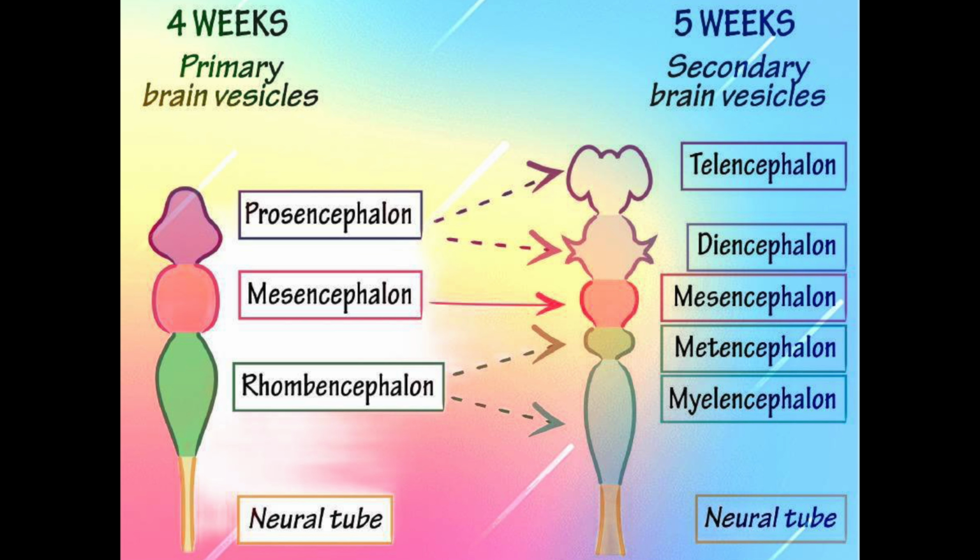Not P, I'm sorry. R, rhombencephalon forms what? Metencephalon and myelencephalon. Myelencephalon, where the brain and the spinal cord connect. That's what gives you your medulla. All right. That's around your fourth ventricle.